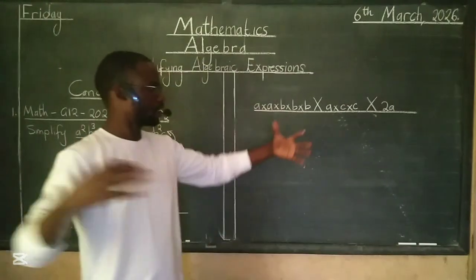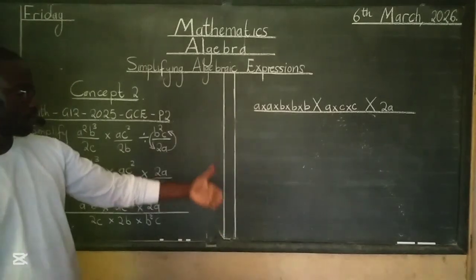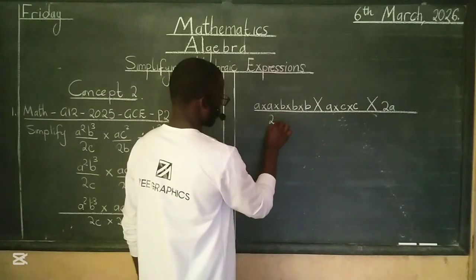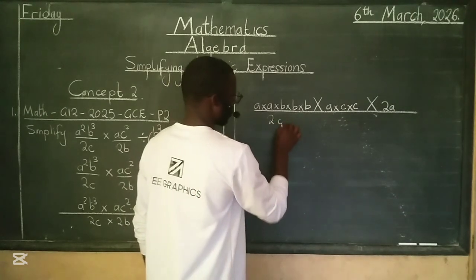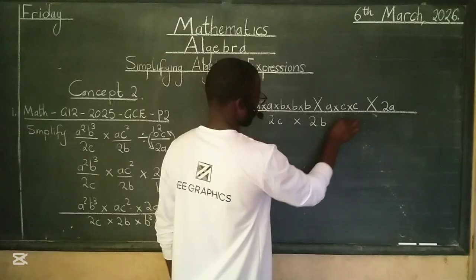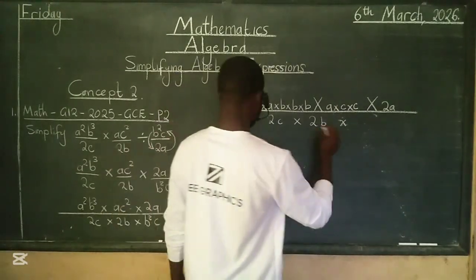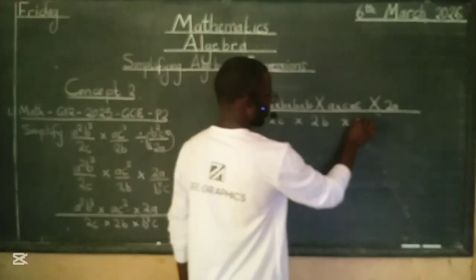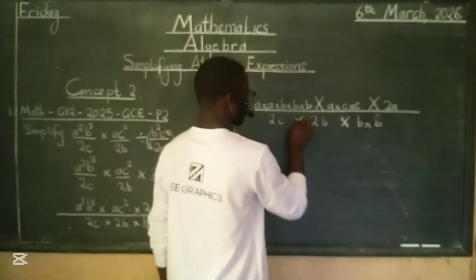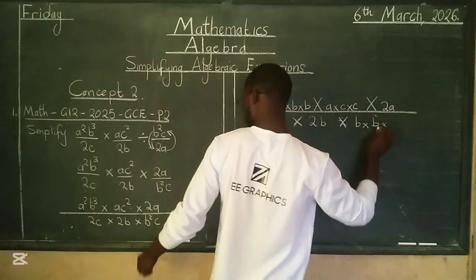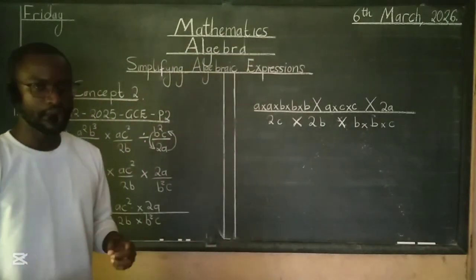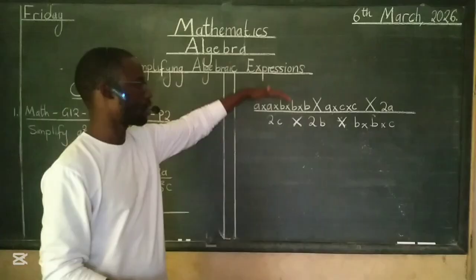Now that it's expanded out, you can clearly see the individual letters like that. Then the bottom part, this will just be 2c, then 2b, then this b to the power 2 is b times b, then times c.